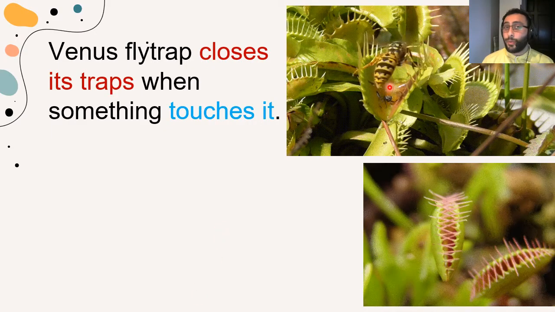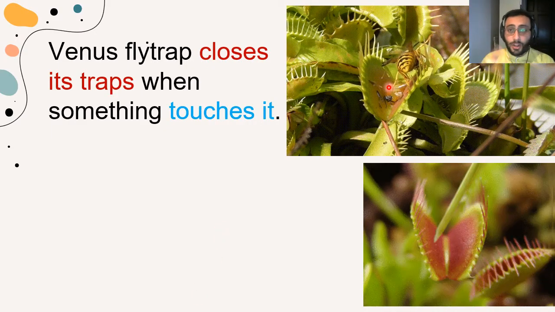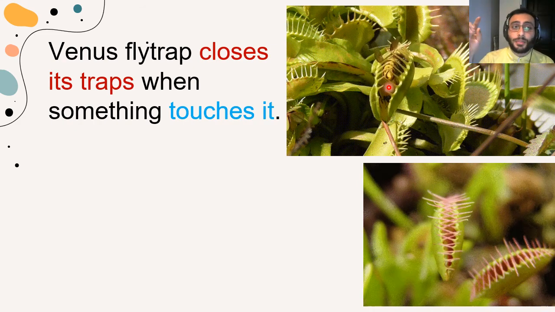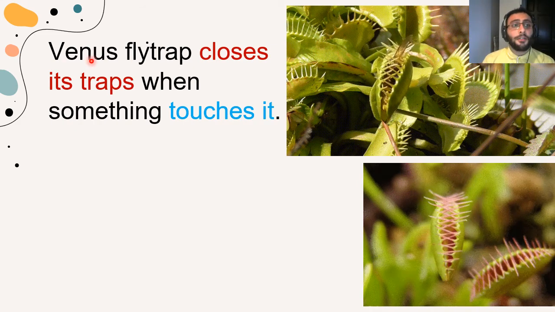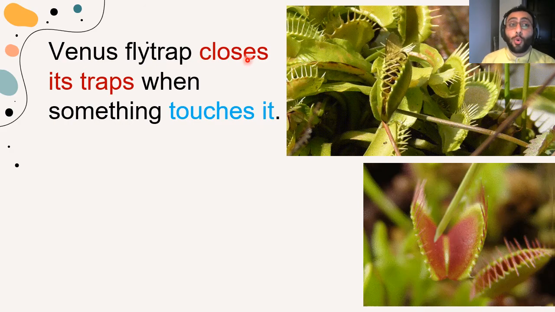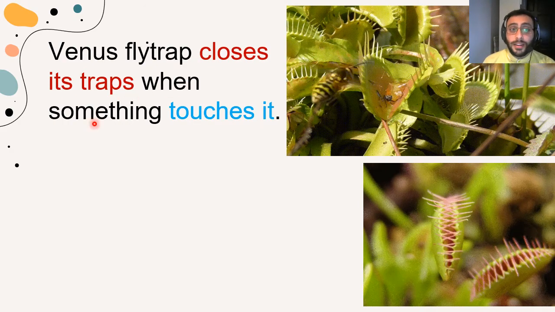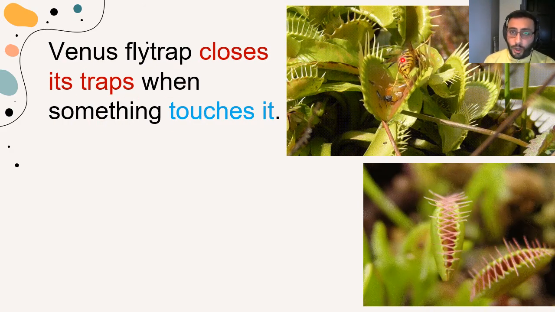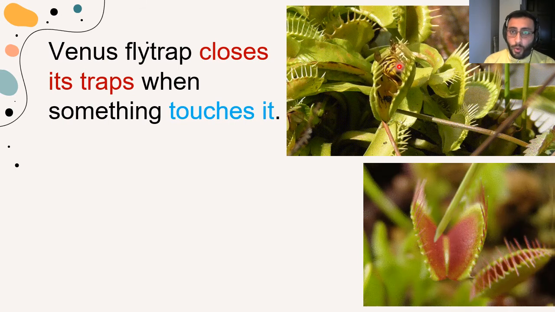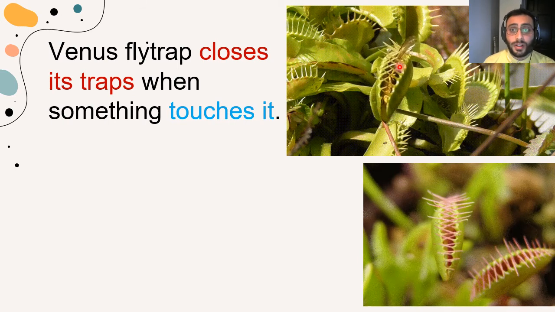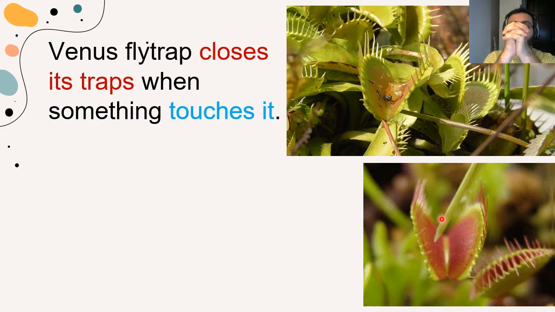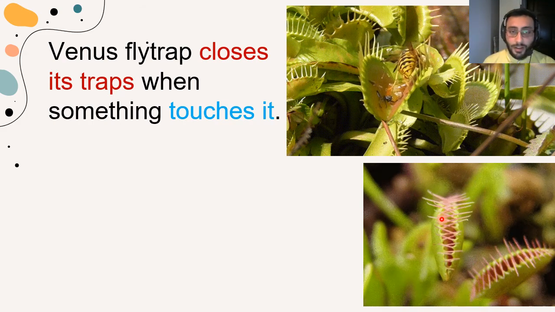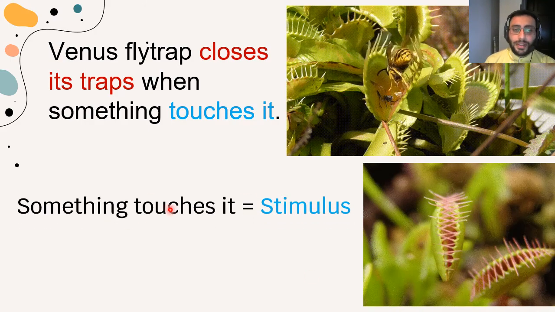Now, remember when it's hungry, it opens its traps? Look what happens when something touches it. Venus flytrap closes its traps when something touches it. Look at here. We have a bug here, a bee. Uh-oh, it closed it. Look at here. The man touches it. It closed the trap like this. So, something touches it.